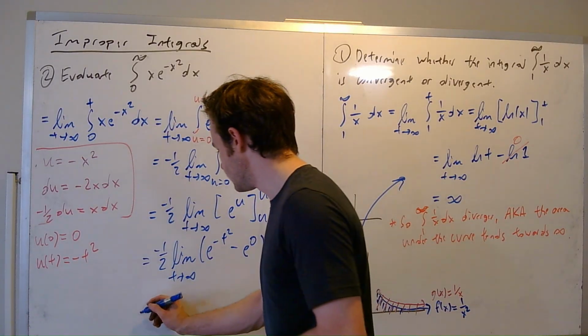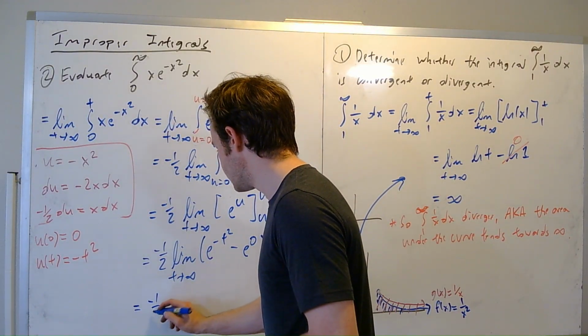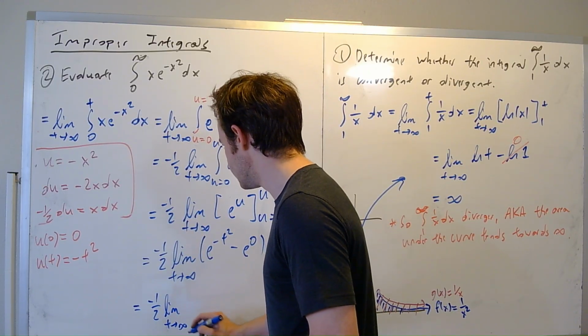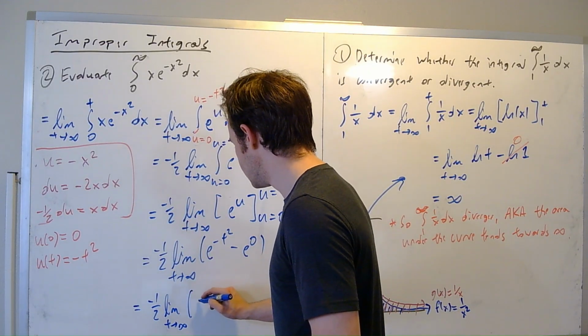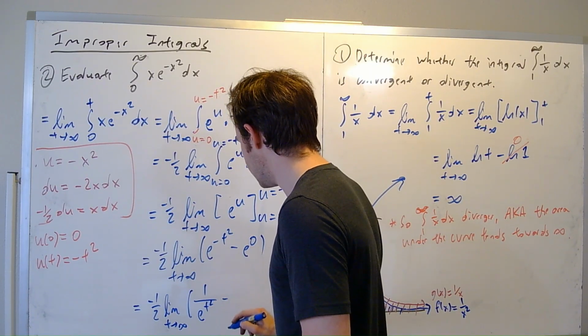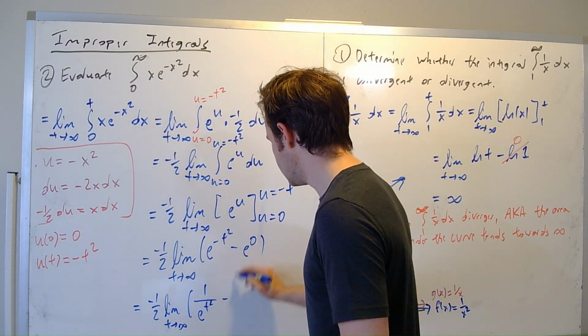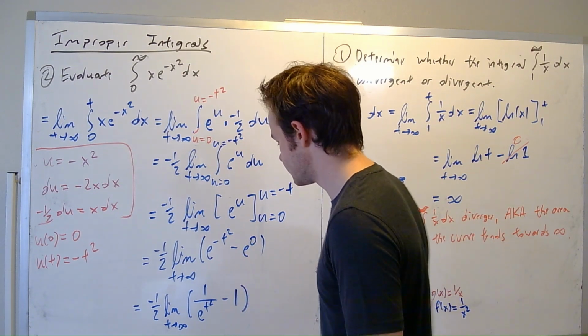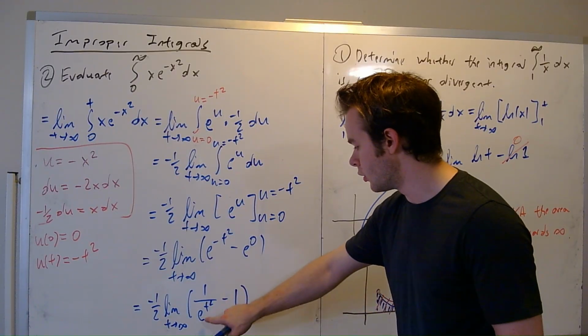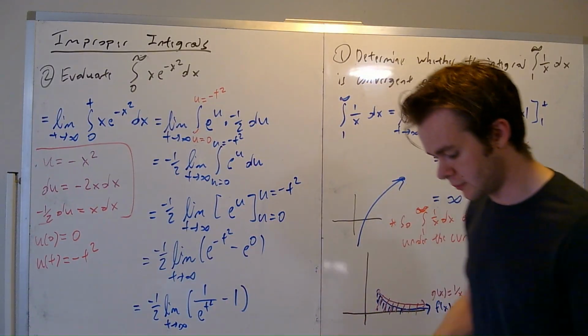We can rewrite this as negative 1/2 times the limit as t goes to infinity of 1 over e to the t squared minus e to the 0, which is 1. Okay, that's a bit hard to read, but that's 1 over e to the t squared.